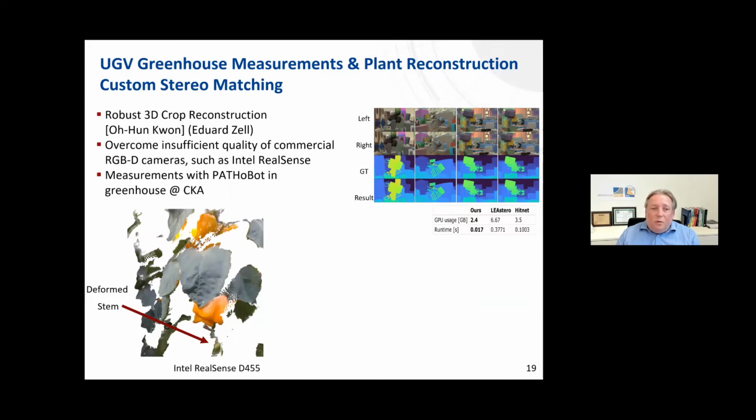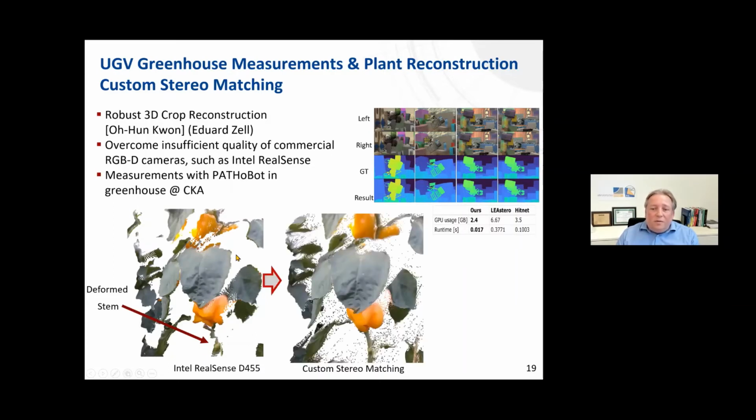So Oh-Hoon developed a method that is faster and needs less memory than competing methods, and applied this to measurements from the greenhouse of these peppers. And you see here that the depth reconstruction is somewhat more consistent than the commercial cameras.